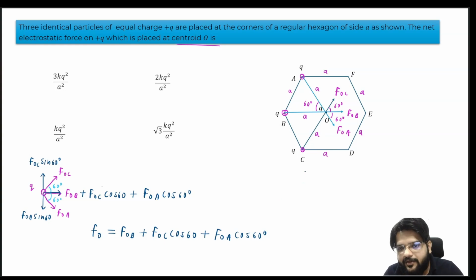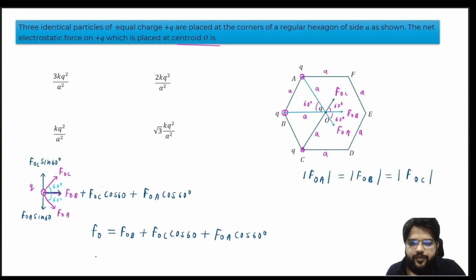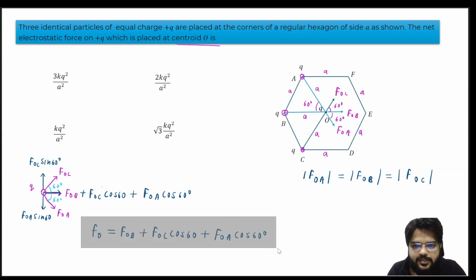So I'm writing here FOA, FOB, and FOC are the same because the distance is the same, and the magnitude of charge is also the same. All right. So now we are putting in all the values. Let's see what we get. I'm taking the next page.